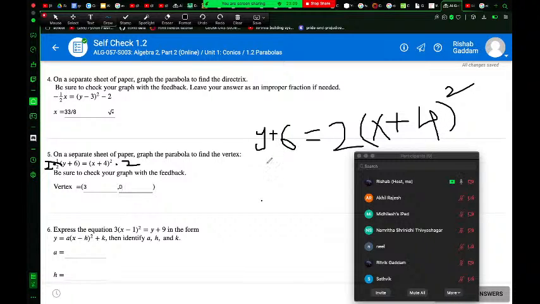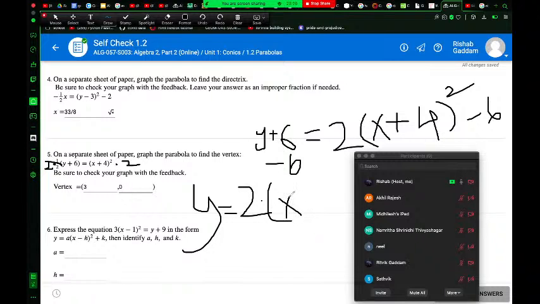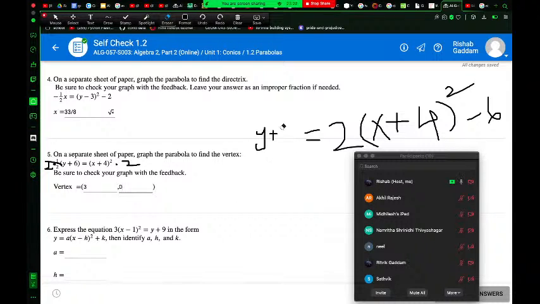Then you can subtract 6 from both sides, and this becomes y is equal to 2 times x plus 4 squared minus 6. I'm just going to erase this, and that's what we have left now.